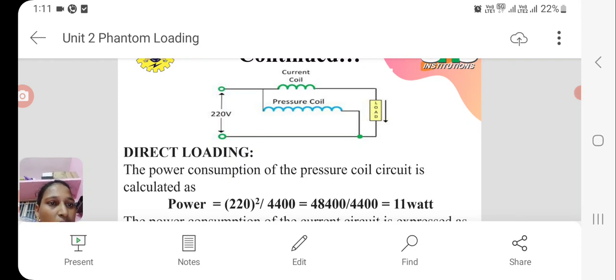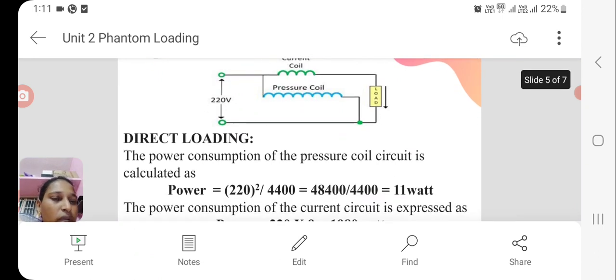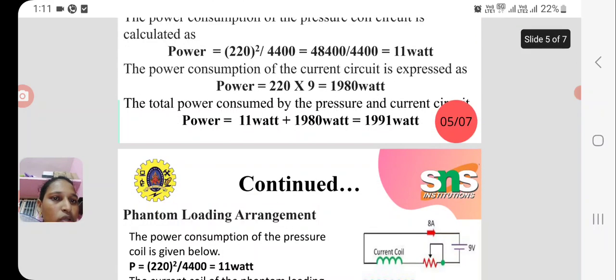Since we don't have any ampere readings here, we can take power as V square by R. So V square is 220 squared, 48400, divided by the pressure coil resistance 4400, which is equal to 11 watts.